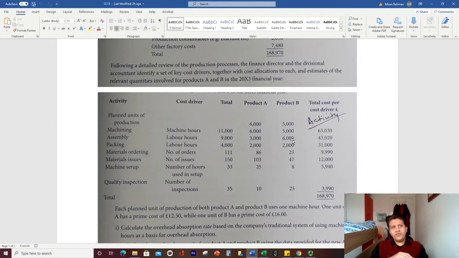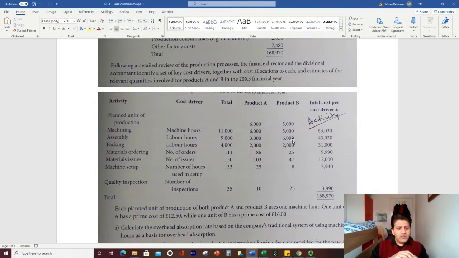If you already watched the video on activity-based costing, you will know that the two main things in activity-based costing are cost drivers and the cost pools, which are also called activity pools. That data is given in this table. It may look scary, there's a lot of information, but once you know how to use this information, then it is very simple.